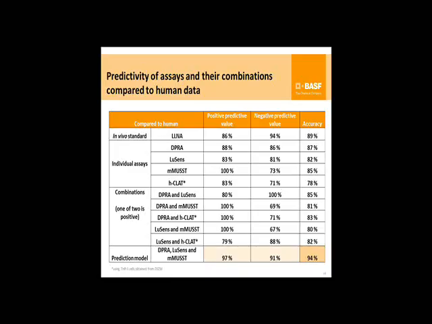Eventually, we combined 3 assays each. In the very last line of this table, you can see our weight of evidence-based prediction model, in which we include the DPRA, the Lucent, and the MUSST data. We have here a very high positive and negative predictive value and an accuracy that is even better than the accuracy of the local lymph node assay for this data set.